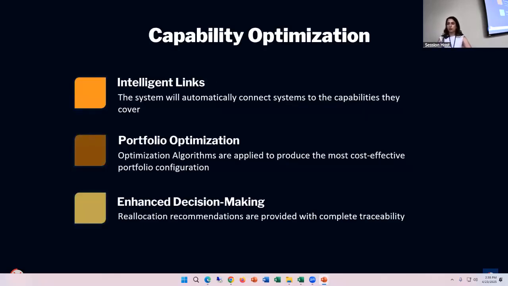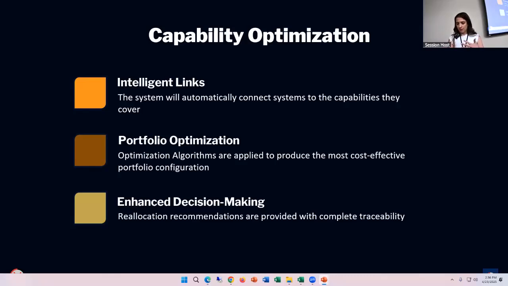And the last tool that we have is the capability optimization tool, which solves a key challenge: how can we configure our systems to cover all required capabilities while also minimizing total operational cost? So with that in mind, we also provide intelligent links from your capabilities, and this could be provided in, say, DODAF architecture, and we link those capabilities to the systems that you have.